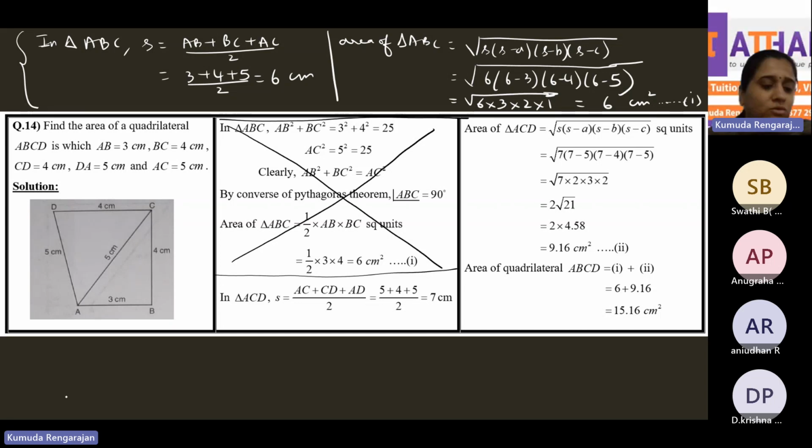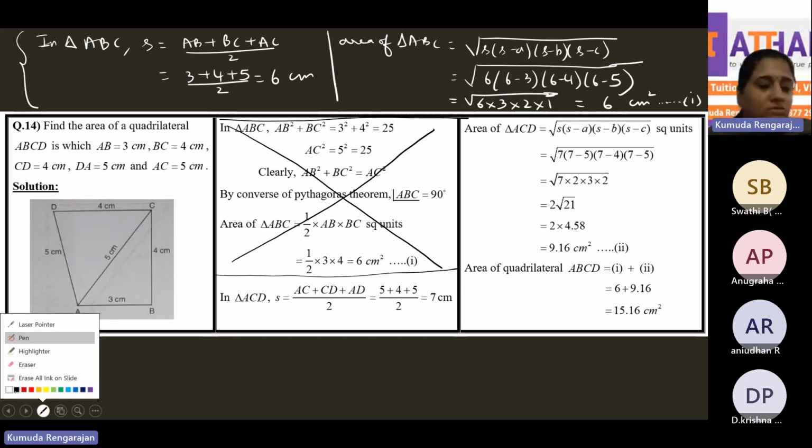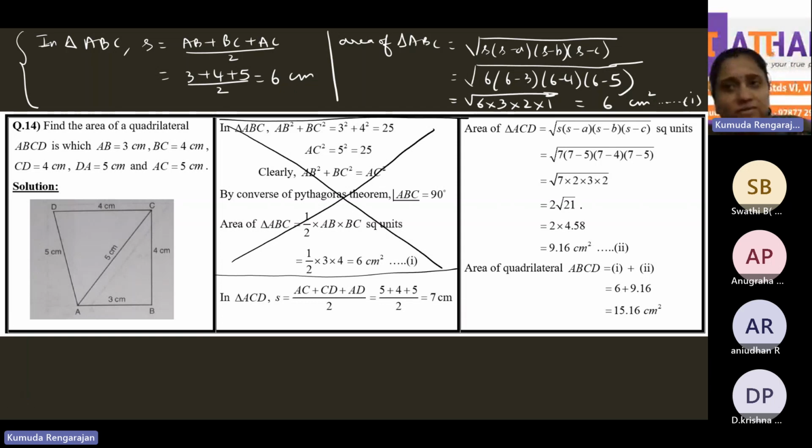The value of root 21 will be given, children. Okay, don't worry. I have taken the value. If it's not given, supposing the value of root 21 is not given, then the area of the quadrilateral will be 6 plus 2 root 21 centimeters square.